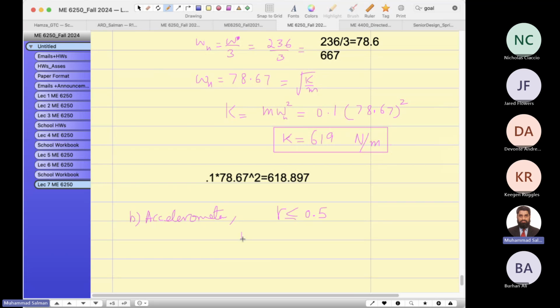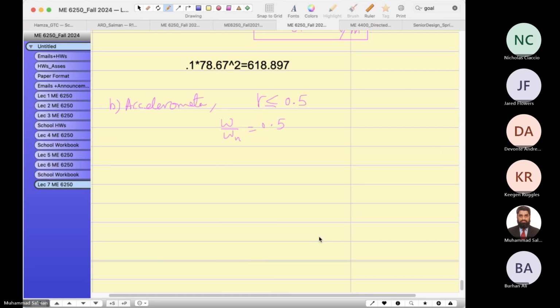Let's assume R, omega over omega n, equals 0.5, and omega is given, and you can find omega n from here: 236 over 0.5, which is equal to 472. You agree with me?